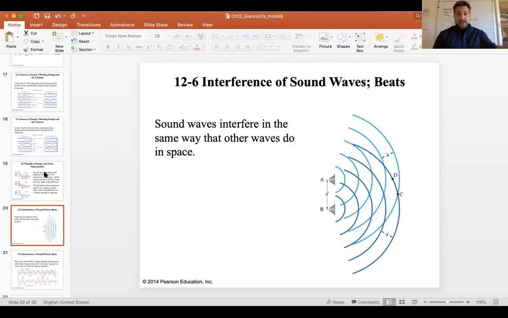Sound waves can interfere just like any other kind of wave, and we talked about this last week. If you have a speaker, a computer, try this trick with the demo that I just used.